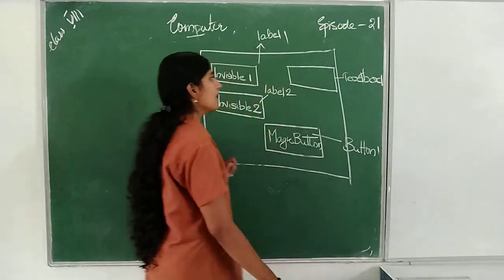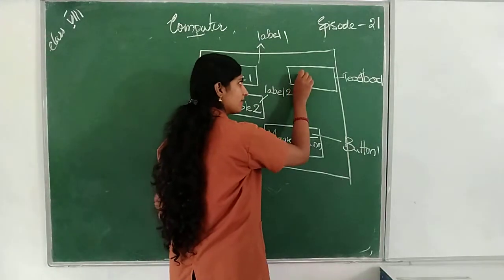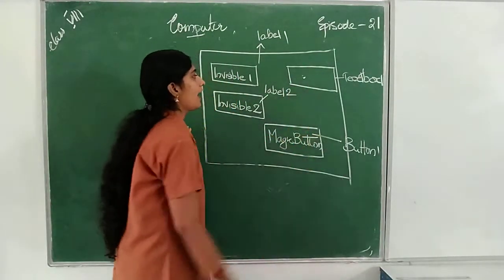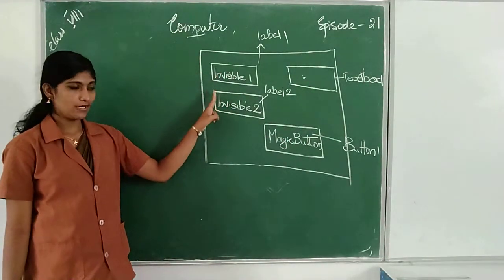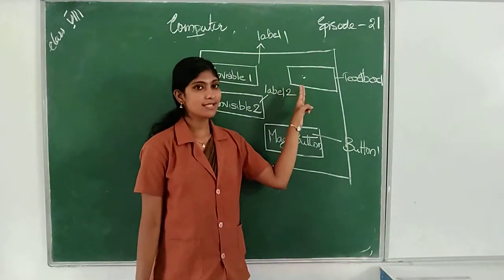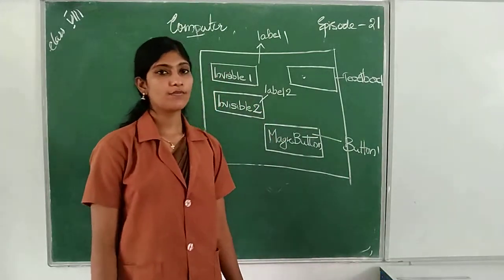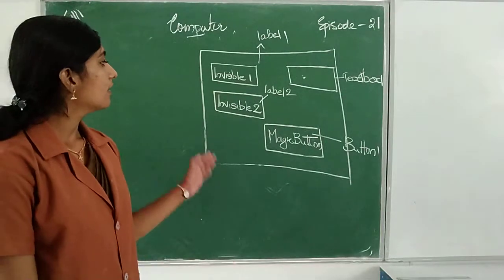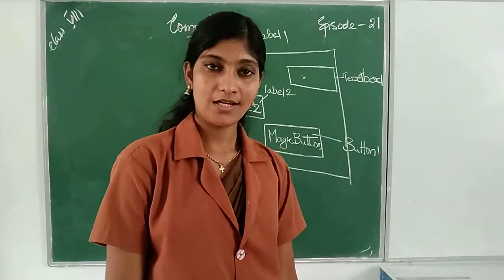We need to enter some text in the text box, and then make these two labels invisible, and also change the text written in the text box.